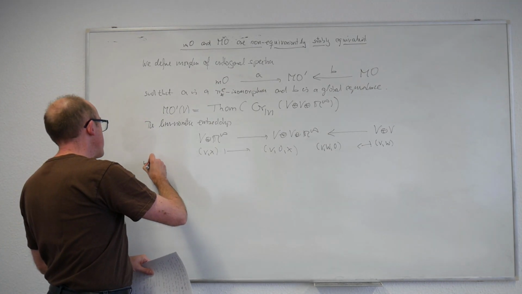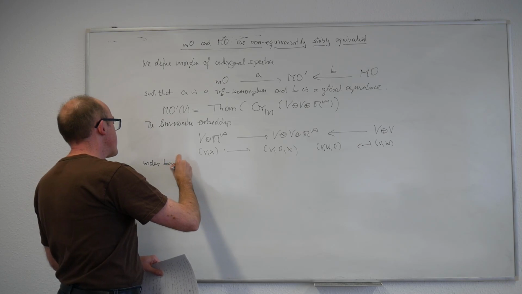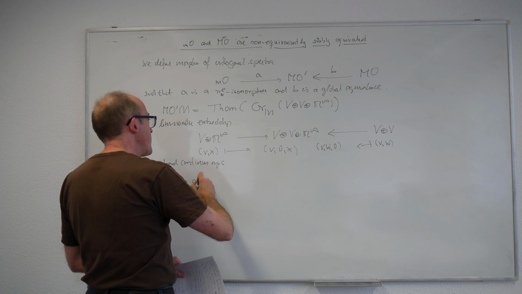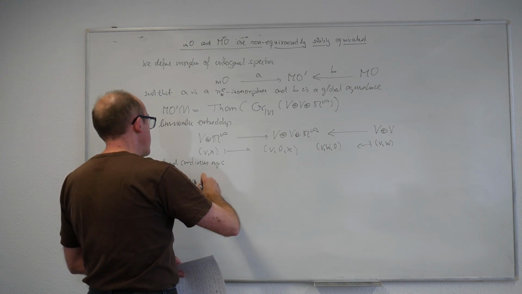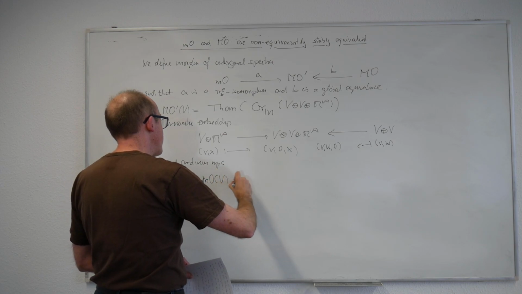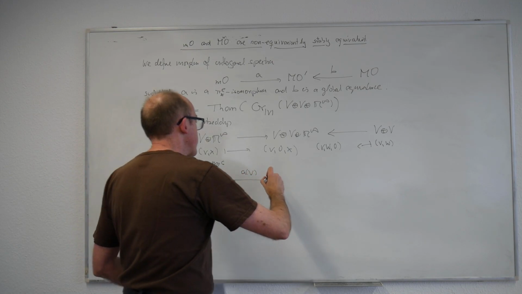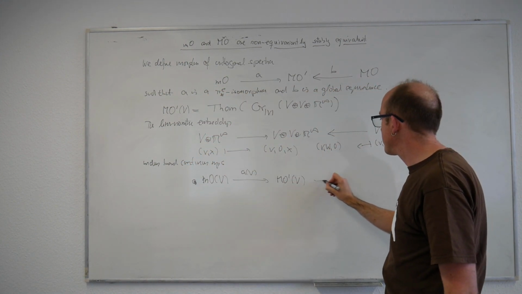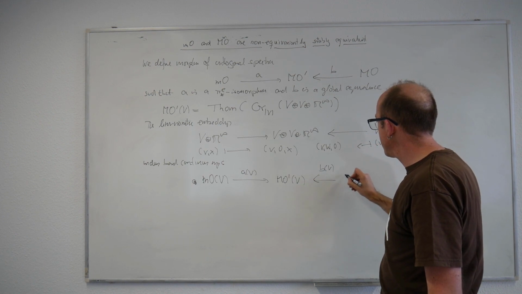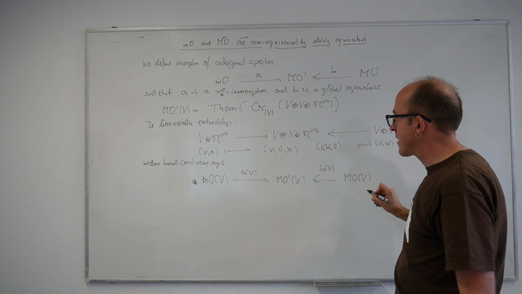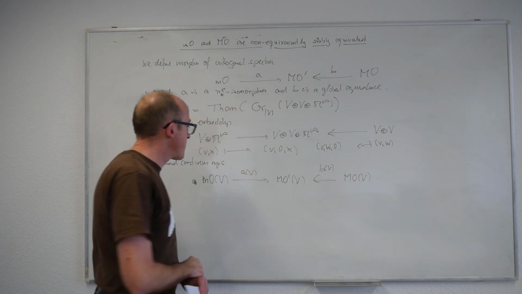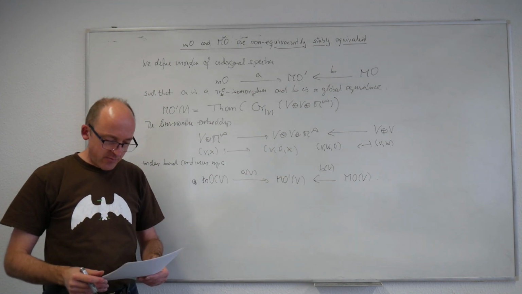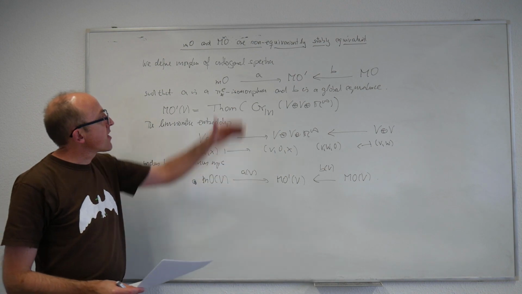So these induce based continuous maps that I'll call A of V, from little m o v to MO prime of v, which is the Thom space of the Grassmannian over this one, and in that direction B of V, to M of V. So these are based continuous maps, or V-equivariant maps for every V. And as we let the inner product space vary, these are the morphisms of orthogonal spectra that I've written up there.